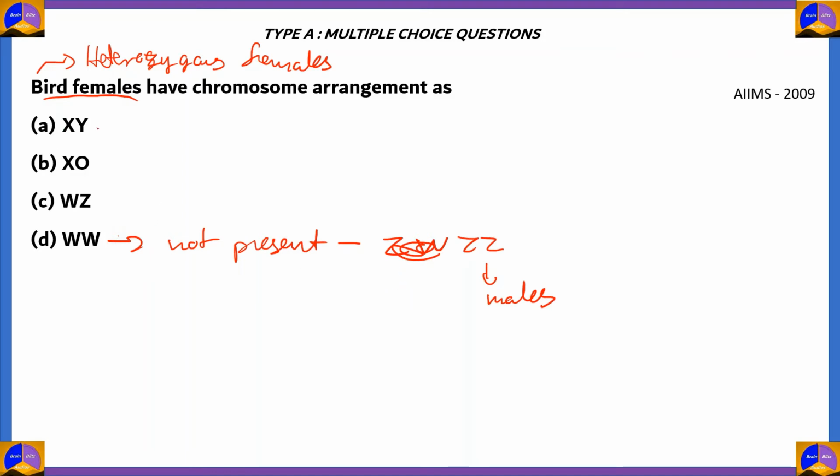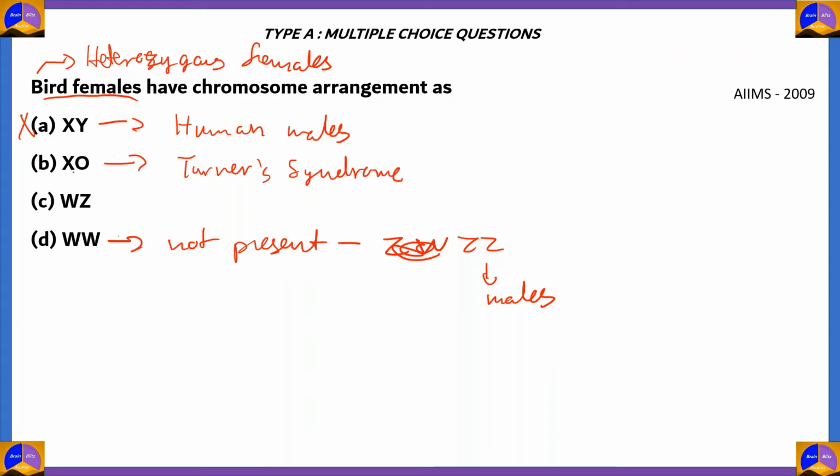Let's look at option A, XY. XY is found in human males, not bird females. So option A is incorrect. What about option B, XO? XO is found in people affected with Turner syndrome.